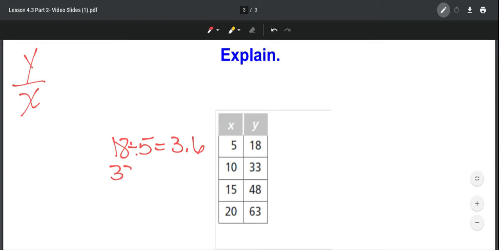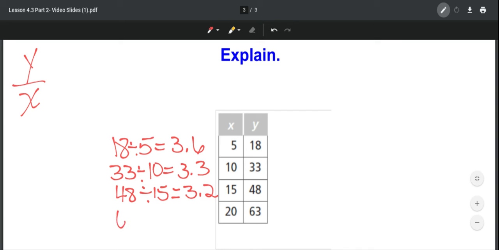When I divide 33 by 10, our quotient is 3.3. When I divide 48 by 15, my quotient is 3.2.